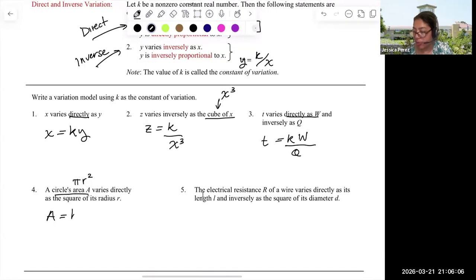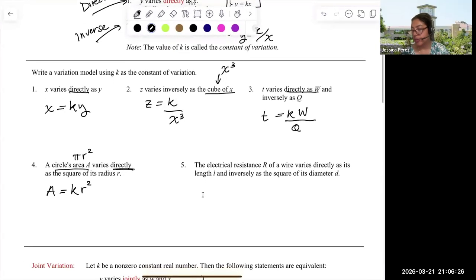We have our proportional factor, k r squared. So we don't use pi here. A circle's area A varies directly, so it's k times r squared. Technically, k is equal to pi in this case.